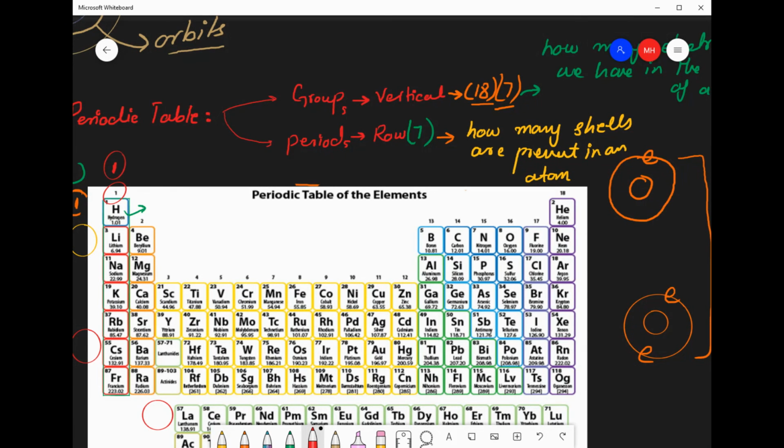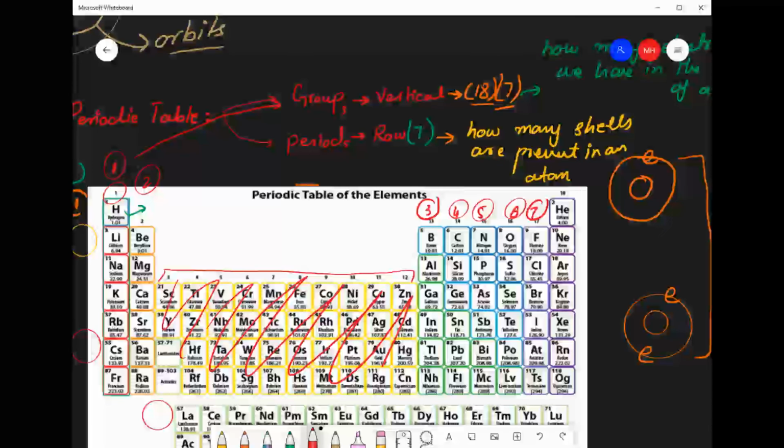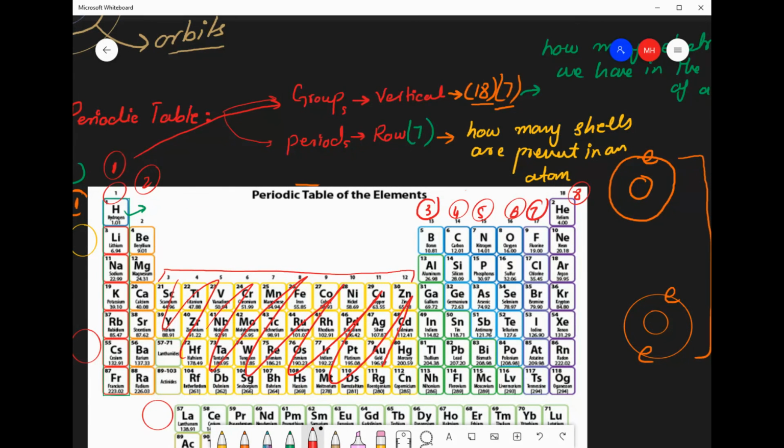This is the first group. Yes, it follows the rule of how many electrons are in the last shell. Second one, yes, but the middle groups, because their properties are different, we are going to skip for a while until your A levels. And we will put third, fourth, fifth, sixth, seventh, and eighth here. Or we will just call it group 0, not group 8.